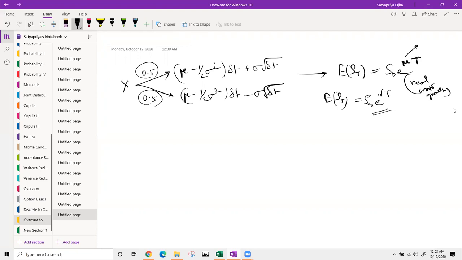Okay, so what is the expectation here? Expectation of x as it is. What is the expectation of x? Mu minus half sigma square delta t, correct? Agree or not? This is the expectation of x as it is.